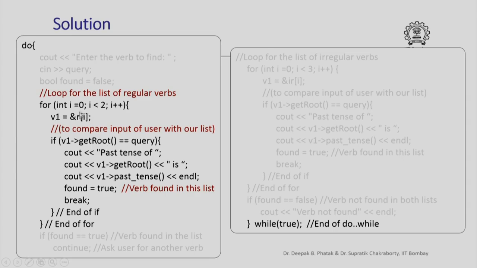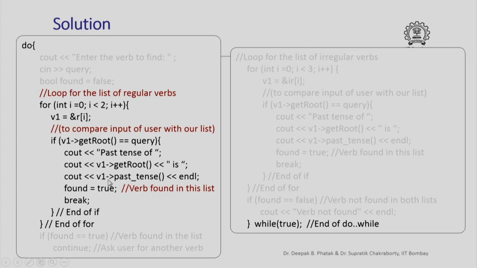Here v1 is pointing to an object of class regular verbs, so it is going to invoke getRoot from the class regular, and that returns the string stored as the verb in the first element of this array. If that matches query, we say past tense of that string is, and we call v1 arrow past tense.